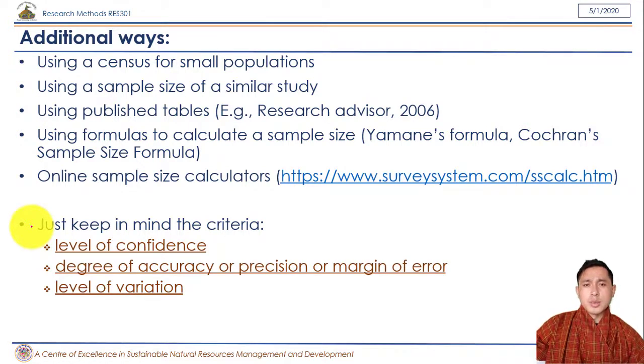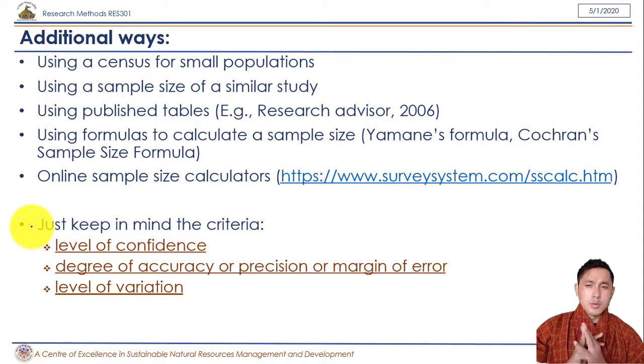Also note that sometimes you do not know what sample size to take or what formula to use, because the study population or study area may differ from one study to another. In that case you may also want to look at a census survey if the population is small.